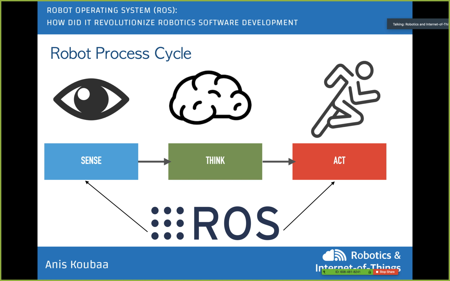For example, if you want to use a camera with ROS, you don't need to know which camera brand you are going to use, how to bring the signal from the camera, or how to capture the image from the camera. Or if you have a laser scanner, you don't need to worry about this. All you need to do is know how to bring this information from ROS.